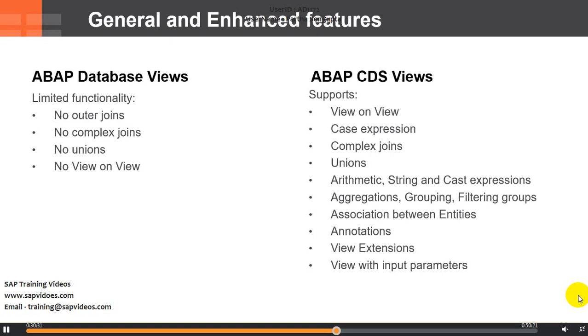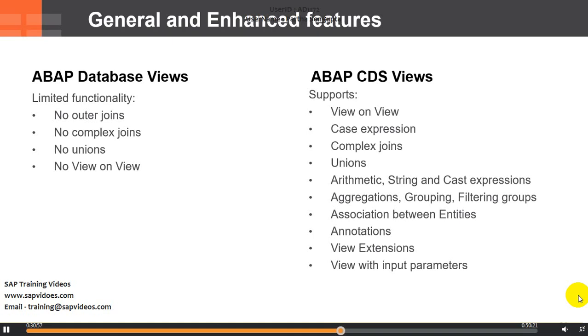And these are the enhanced features in CDS views. A view can be extended as well. When you have a view and you want to extend it with three or four columns, we can do view extensions. Views with input parameters are also supported here. That means a view can have input parameters, so you can input values and get the result with the CDS views.